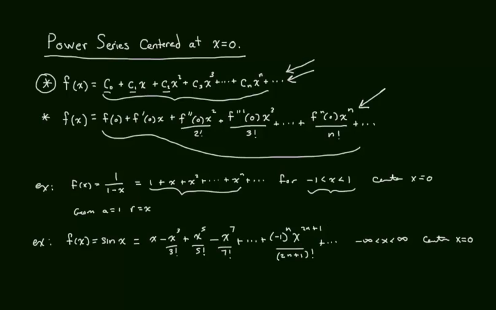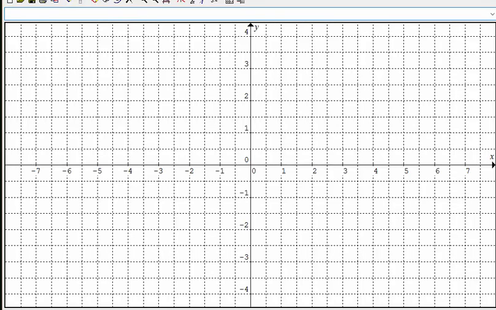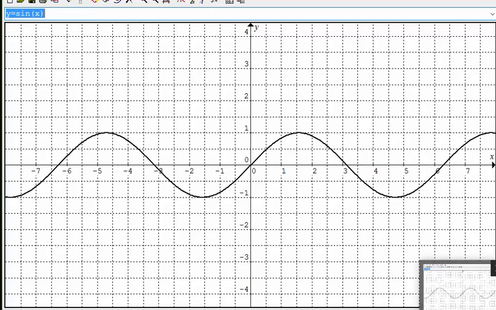And then a third way to think of a center, centered at x equals 0, is to take a look at the graph. So that's what I want to do right now. So if I type in, this is Graphmatica, y equals the sine of x, everybody should know what that function looks like, as follows.